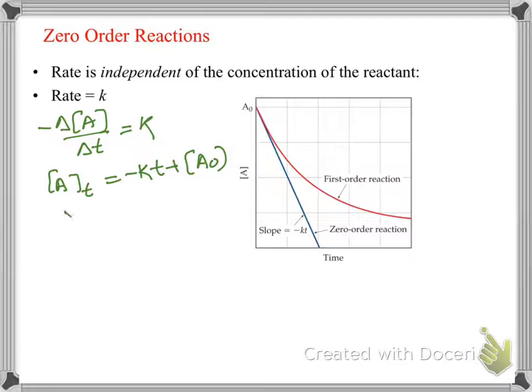Compare it with y equals mx plus b. So if you draw the graph between time and concentration, you get a straight line with the slope of negative K.